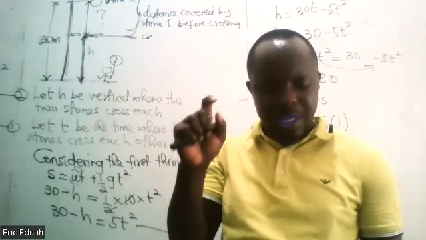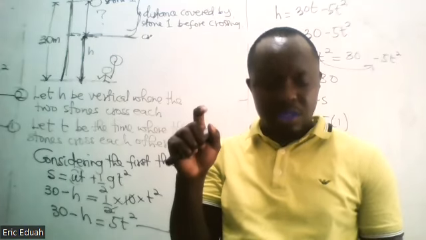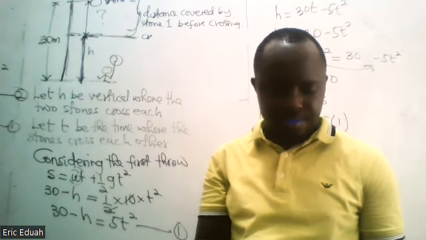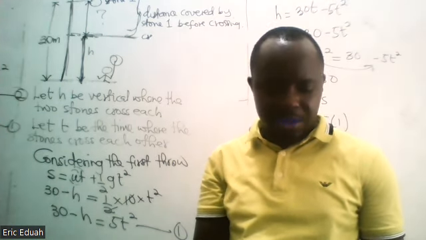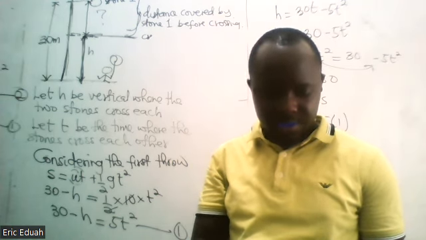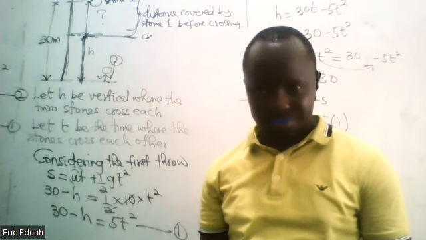Both stones hit the ground simultaneously. Find the initial velocity of the second stone.